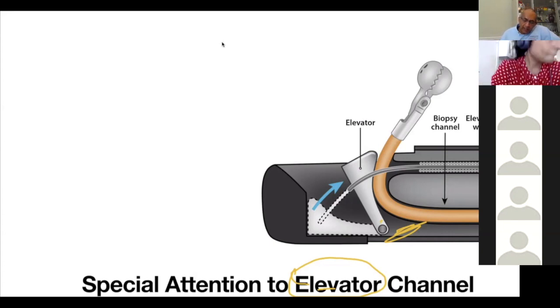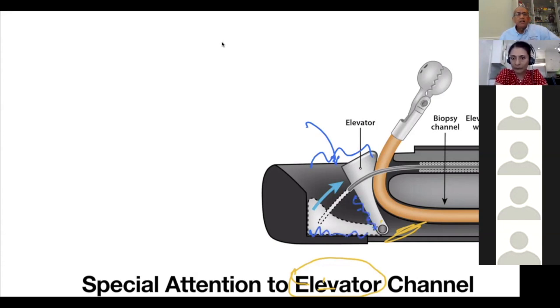But at the same time, the elevator channel has become a big problem for endoscopists because this area is not easy to access if you want to clean. And a lot of times it is very difficult to reach this undersurface of the elevator. And junk can sit in the undersurface of the elevator.